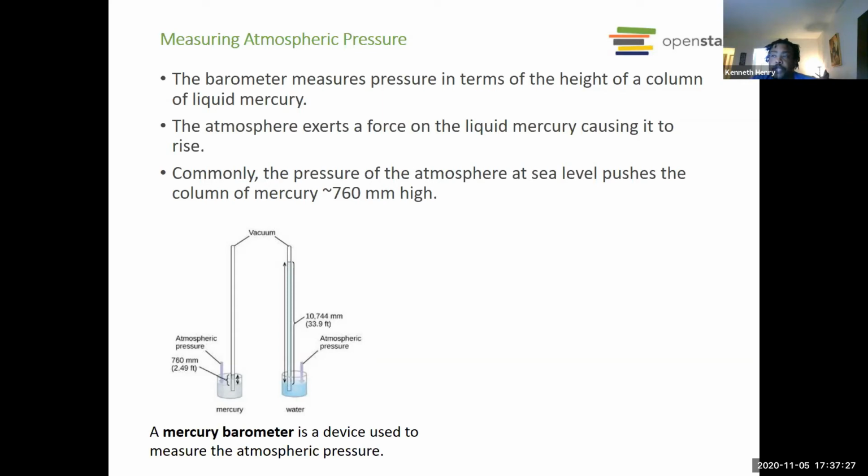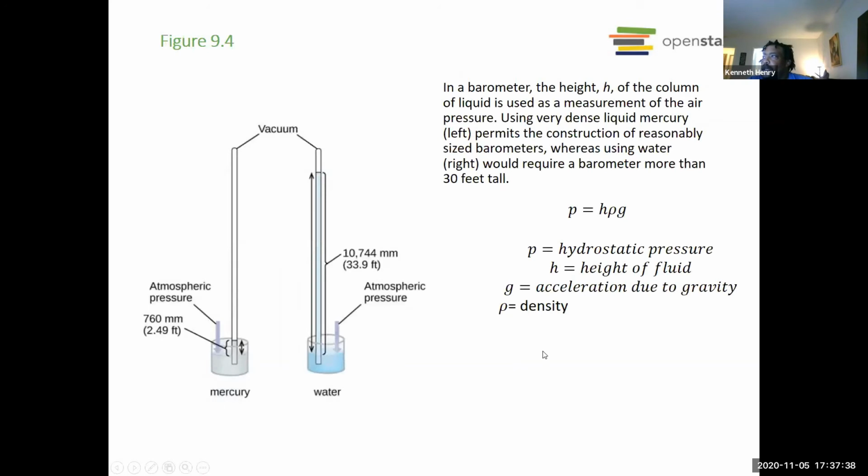You can also do the same thing with water, or with alcohol, as long as you know the density of it, you're able to calculate the pressure. So the way you would do that is pressure is going to equal the height times rho g. Or we could just use millimeters of mercury because there is a direct proportionality.